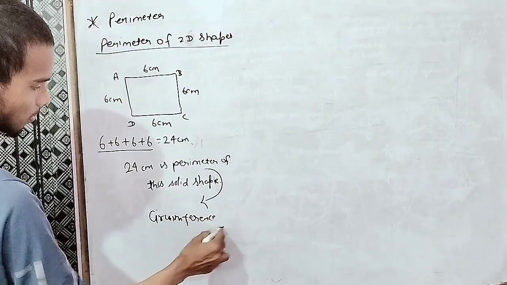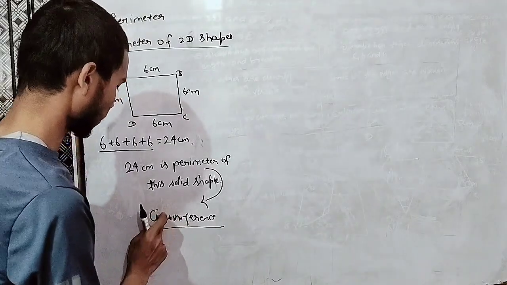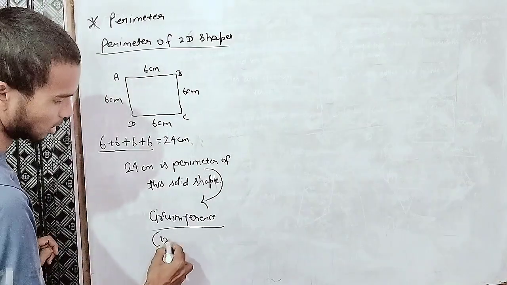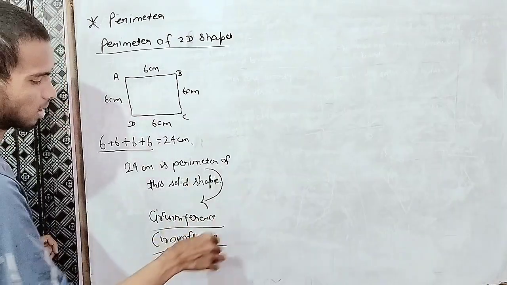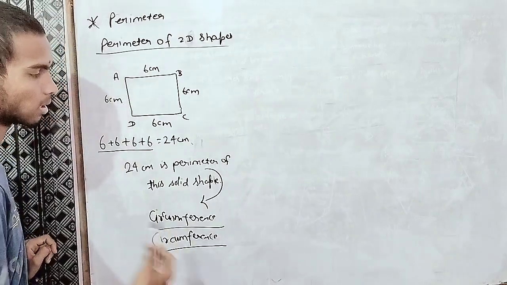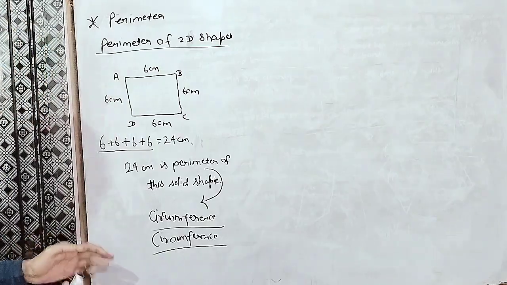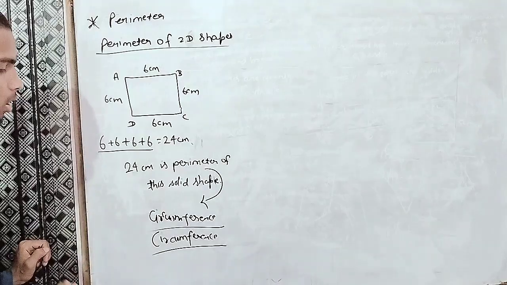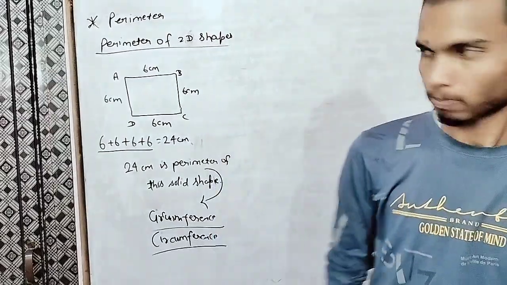I don't know the exact spelling of circumference. Perimeter is also considered by another word, which is the circumference of a shape. When it comes to circumference, we add all lengths of a solid, then we get the total length, the circumference of a shape.